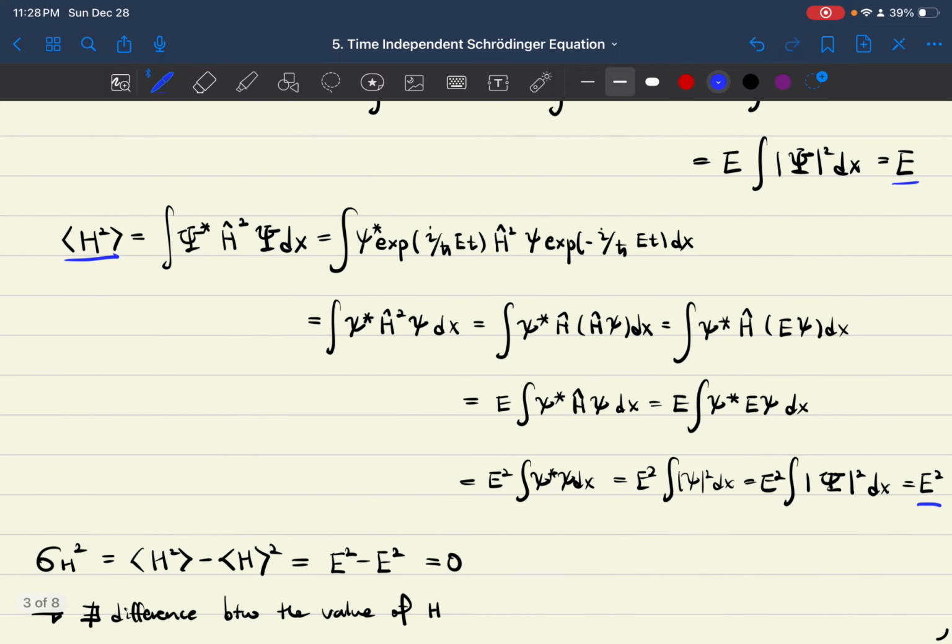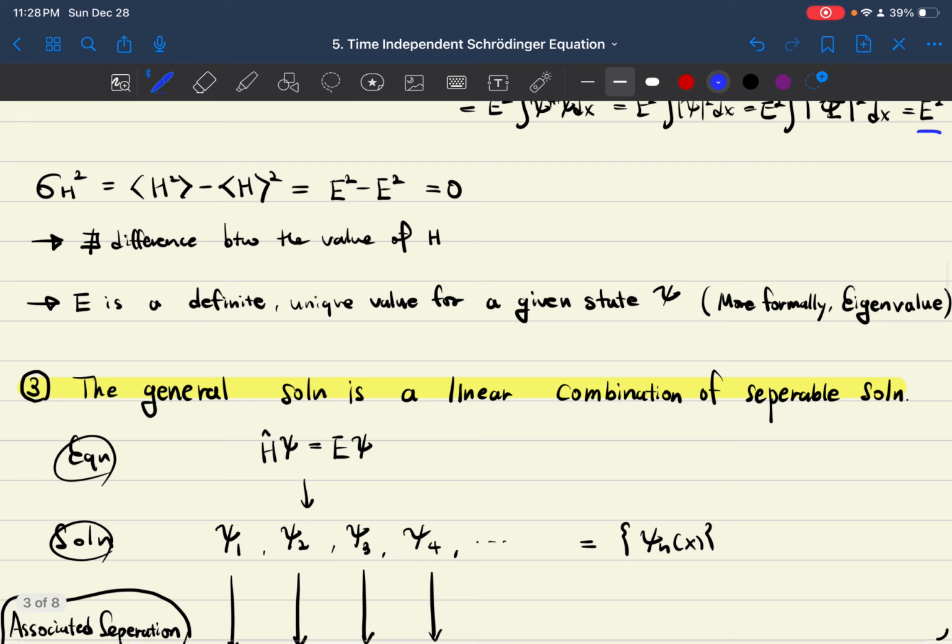And also the expectation value of the Hamiltonian squared is E squared. Then the variance of the Hamiltonian, the variance of the total energy of the system, is 0, which means that every energy it can take is only the unique value E. So there is no difference between the values of H. So E is a definite unique value for a given state psi, more formally, an eigenvalue.